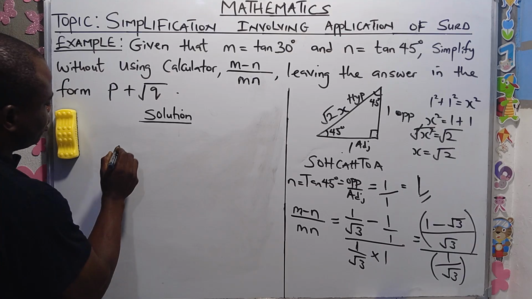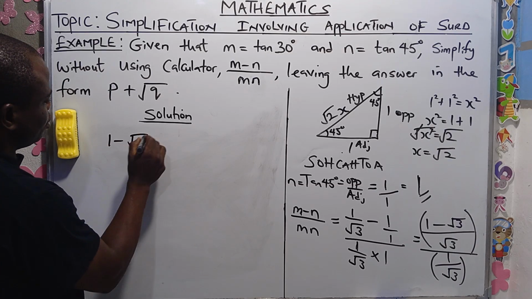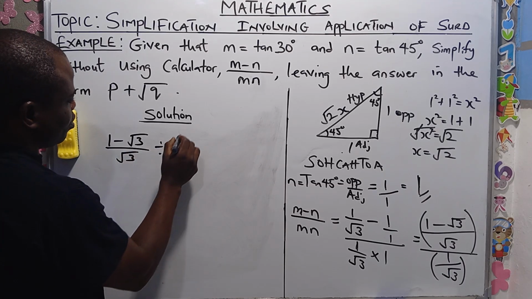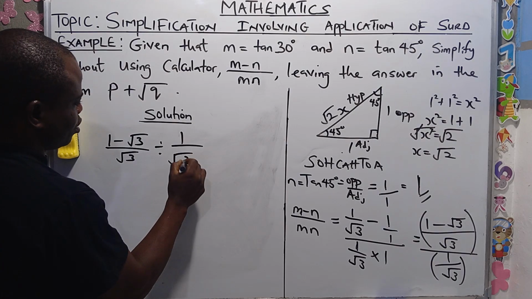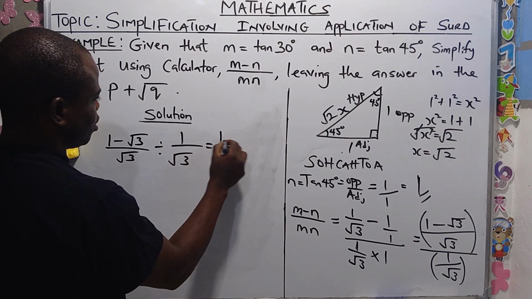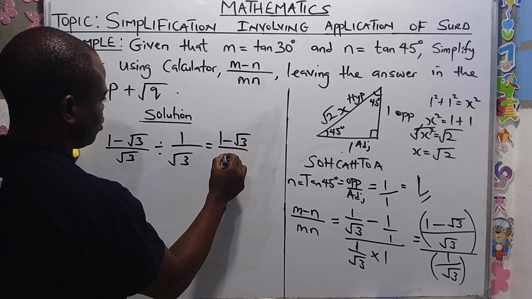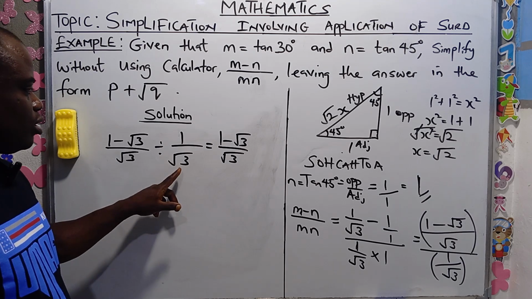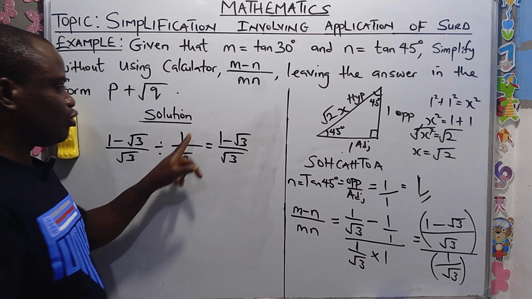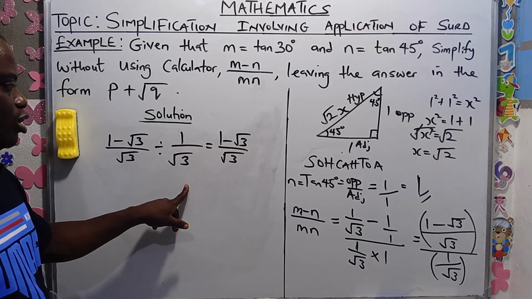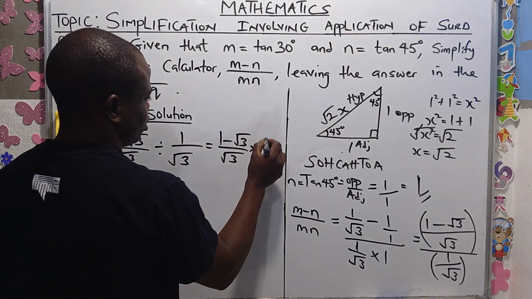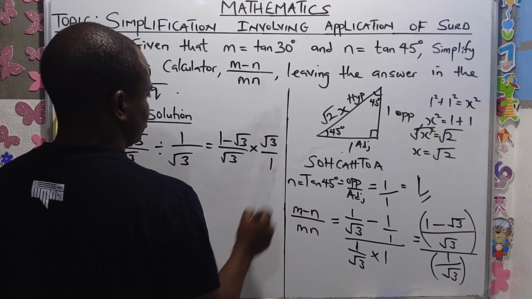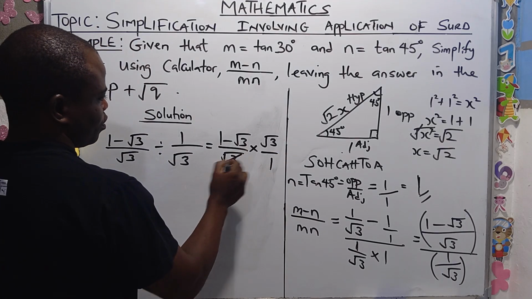Now, at the numerator you have (1 minus root 3) over root 3, divided by 1 over root 3. When you change division to multiplication, the value at the denominator moves to the numerator, and the numerator comes to the denominator. That's times root 3 over 1. Okay, root 3 cancels root 3.